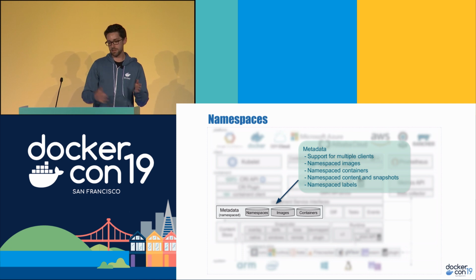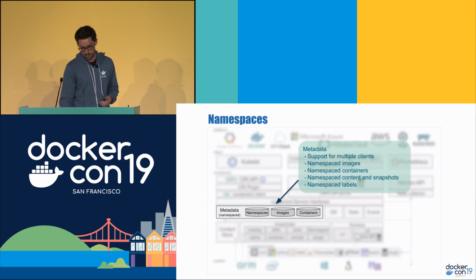So it isolates all the different resources in a single Bolt database that we have. And then underneath it, we'll have the raw storage that will manage the actual bits.